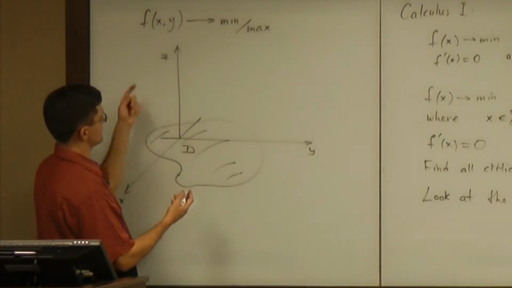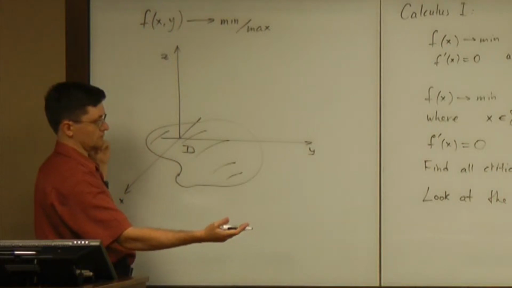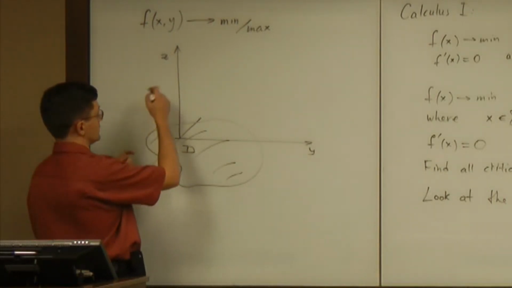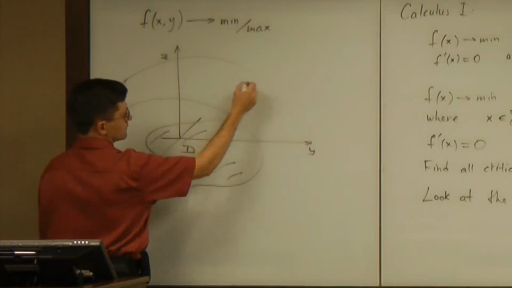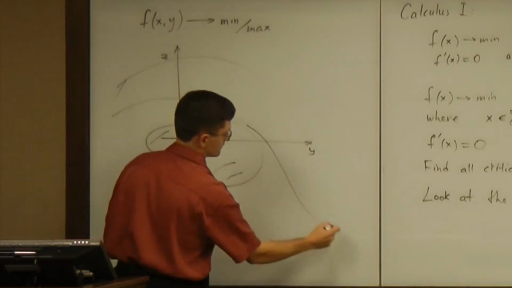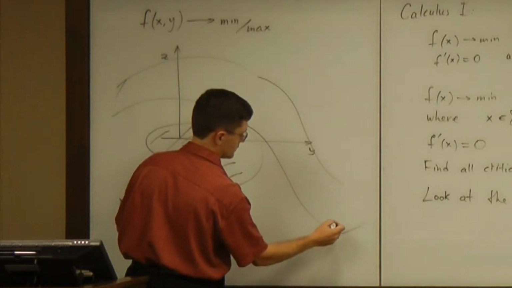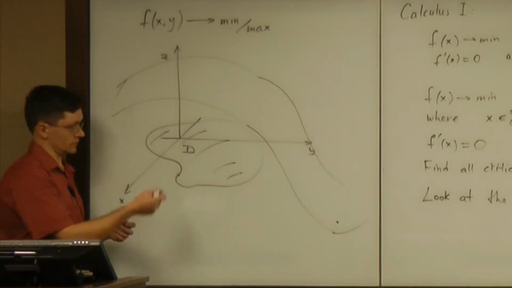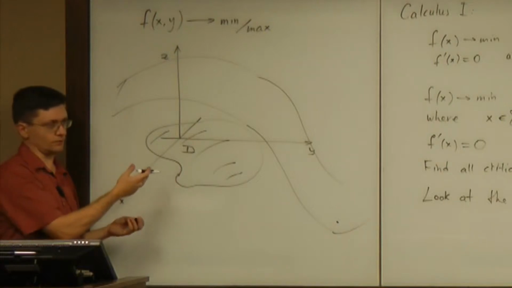But the problem is that the minimal of a function over the whole plane may not happen inside the region. Right? If the graph takes high values over the region and then gets very low outside the region, then minimal should happen, well, can happen outside, but still on the region there is a minimum. So we just have to find it.